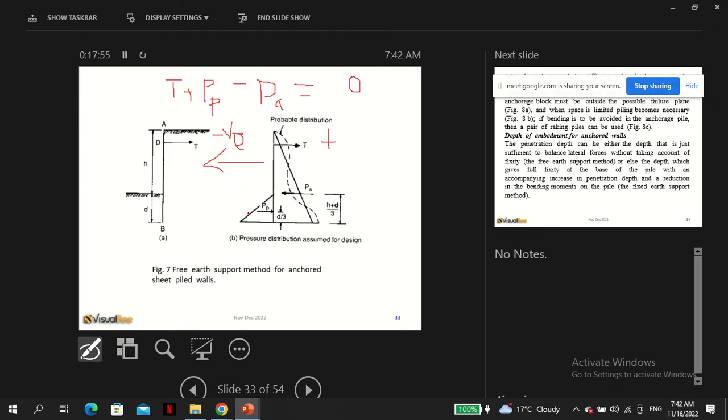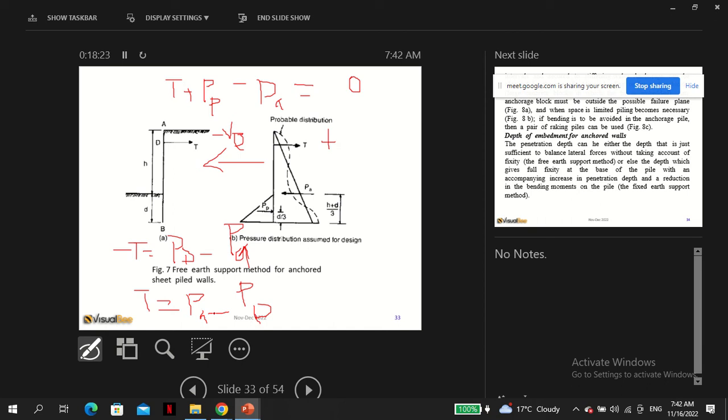In other words, if we want T to be the subject of the formula, we can say then negative T is PP minus PA, and therefore T is PA minus PP.